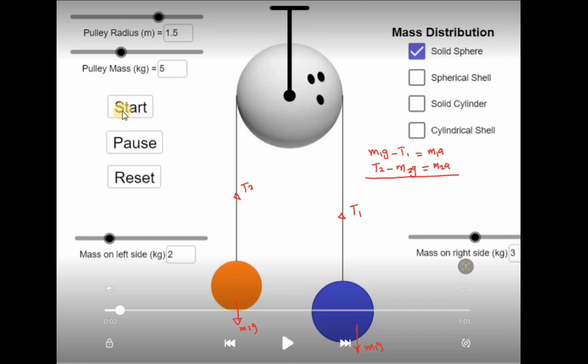You add these equations together, you will get this one here, (m1 plus m2)a equal to m1g minus T1 plus T2 minus m2g, or simplify this one here, T1 minus T2 equal to m1g minus m2g minus (m1 plus m2)a. Now let's leave this one here.